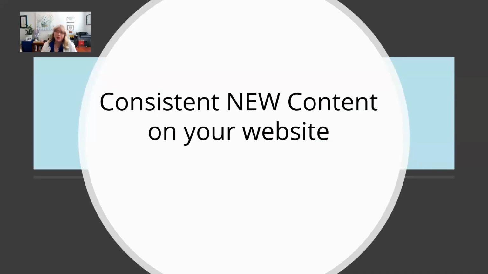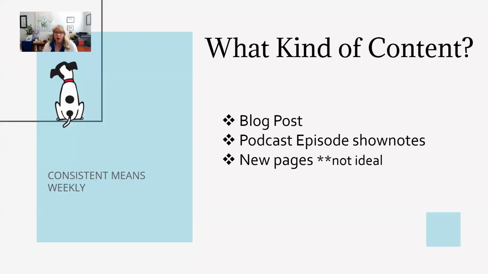So the new content, mostly what you're going to find is that you're creating blog content. If you're doing a podcast, it'll be those show notes pages out there. A new page on your website is content, but you're not going to create a new website page every time. That's why people blog. And I do say weekly here for consistent, but I will say it's better to be consistent over quality.